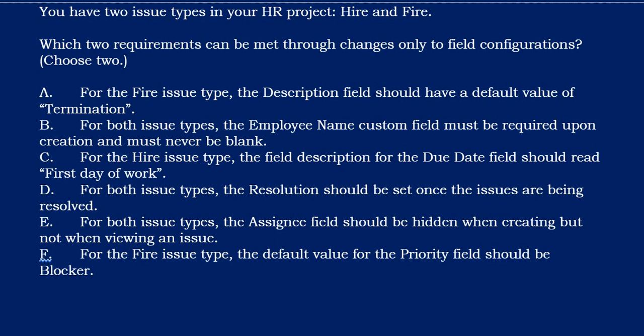Option C. For the hire issue type, the field description of the due date field should read first day of work. Option D. For both issue types, the resolution should be set once the issues are being resolved. Option E. For both issue types, the assignee field should be hidden when creating but not when viewing an issue.